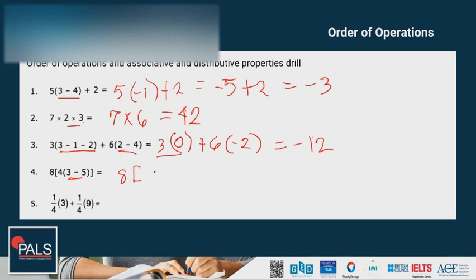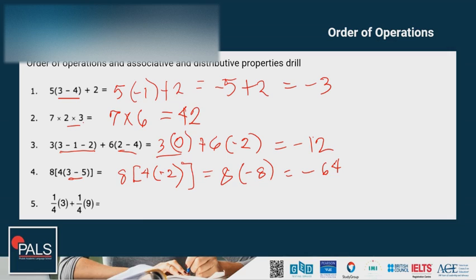Okay, let's use this bracket. 4 times 3 minus 5 is minus 2. Then next step is 8 times 4 times minus 2 is minus 8. Then 8 times minus 8 is minus 64. So the answer here is minus 64.